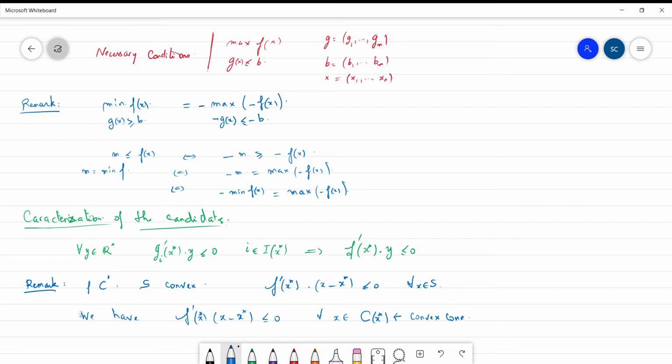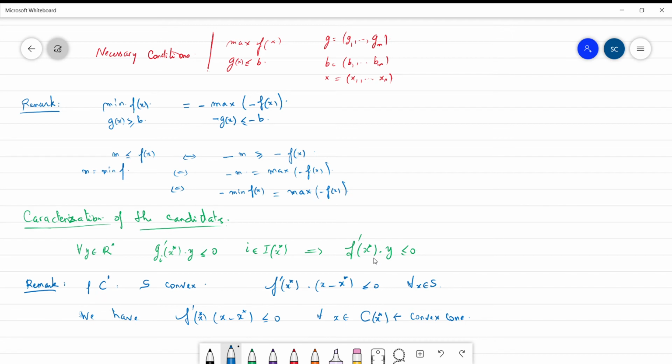Still, this characterization is not very practical. We would like to find something more practical, without referring to these feasible directions in the cone.